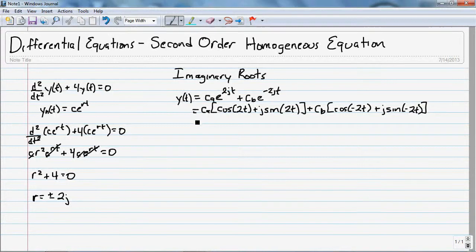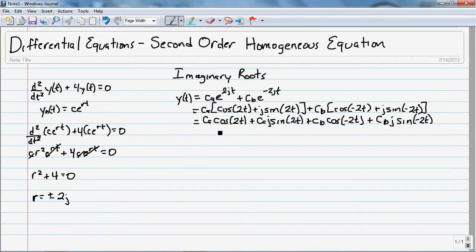And we can now distribute our constants. And now we can combine these terms using trigonometric identities.